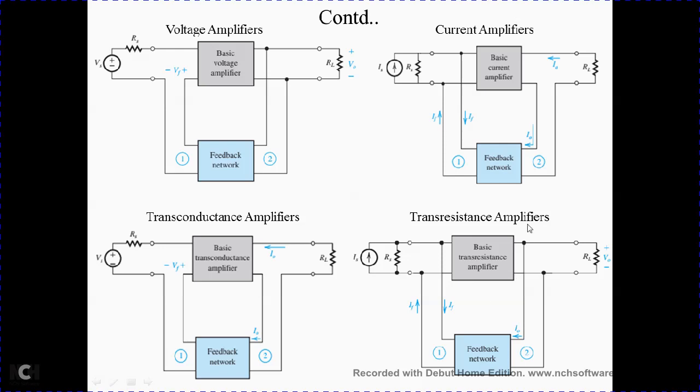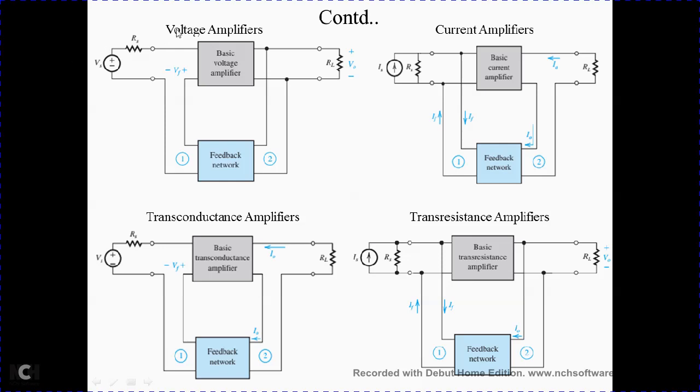So these are the different representations of feedback amplifiers: voltage amplifier, current amplifier, transconductance and trans resistance amplifier. All look kind of similar. The difference is in the type of input signal we apply, or the type of output signal we sample.